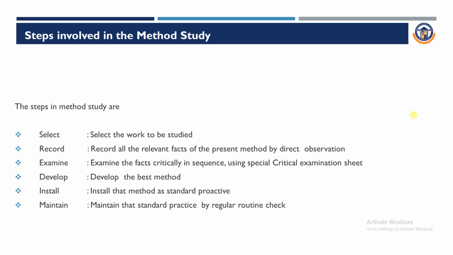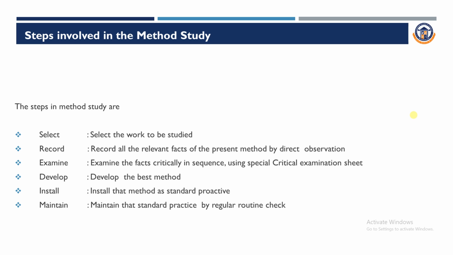Let's see what the steps involved in method study are. The steps are very basic in nature and any company can employ them to carry out method study. The first step is select, where a particular work has to be selected for the study, and then record all the relevant facts of the present method by direct observation.